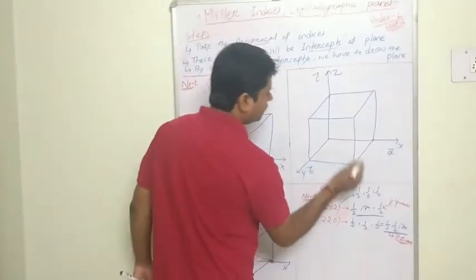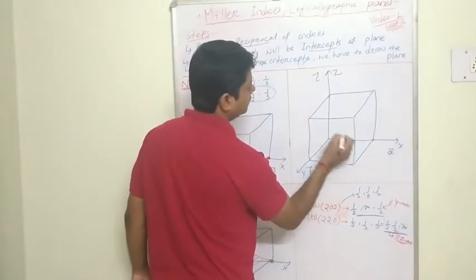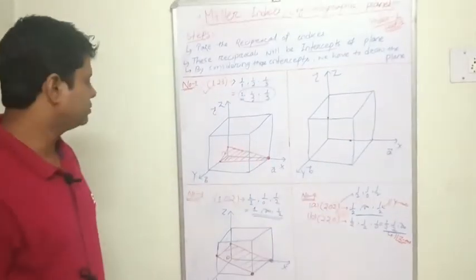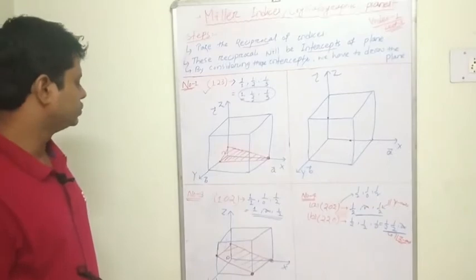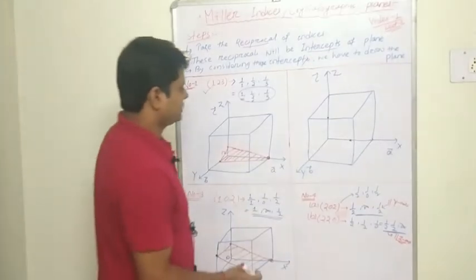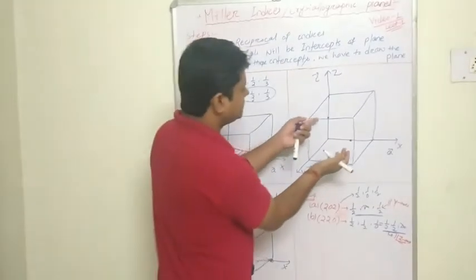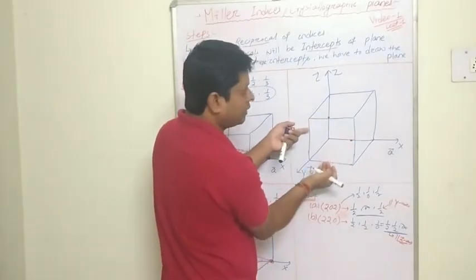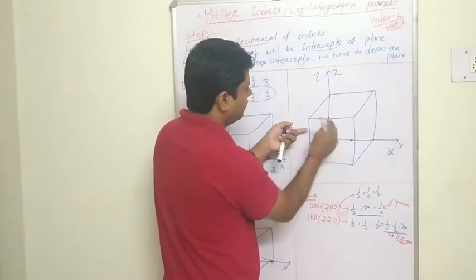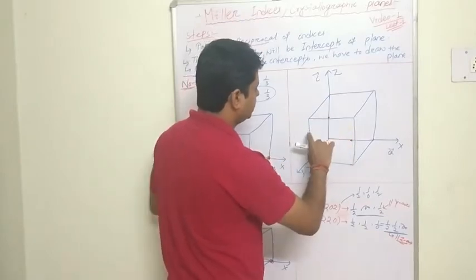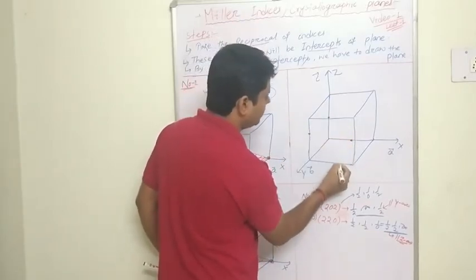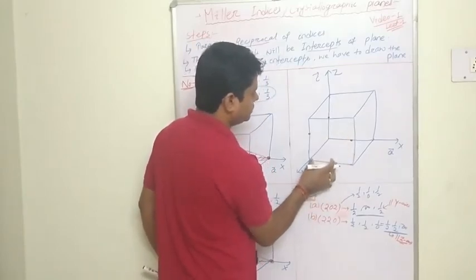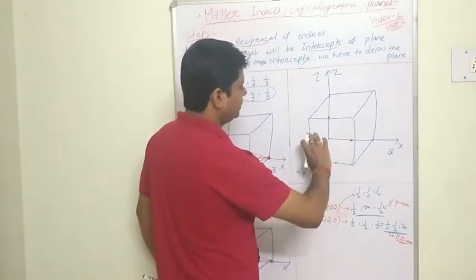So for this one the intercepts will be here and here, and it has to be parallel to the y-axis. For that, as it is 2 in this plane, we have to consider another 2 points on the front plane with equal intercepts. So here we have to consider another 2 points. For this one will be here this much, for this one will be this much.